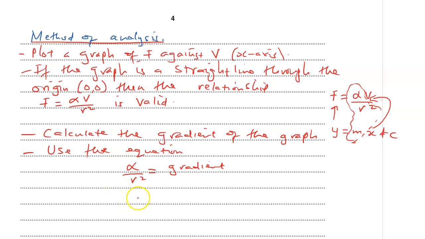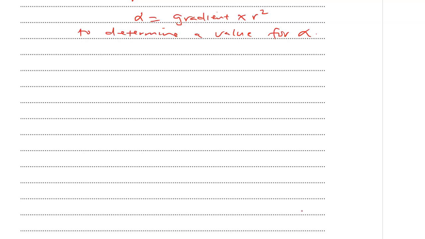So therefore alpha is equal to the gradient times R squared, to determine a value for alpha. There you are.